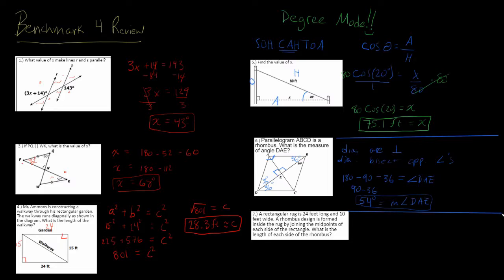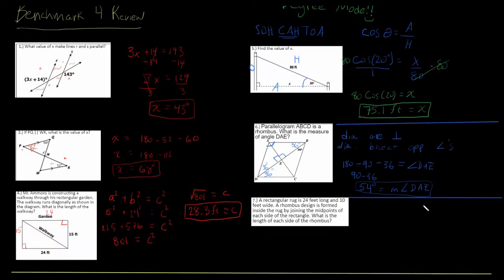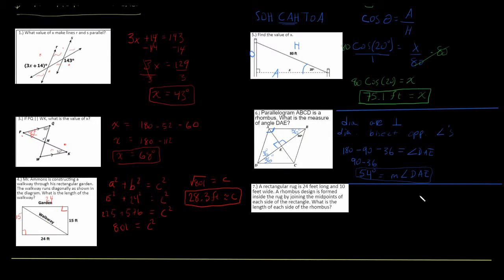So let's go ahead, we'll break this up a bit, and let's draw a picture. So we know that we have a rectangular rug, so let's make this a rectangle. Okay, let's assume this is straight enough, right? Here's our rectangle.